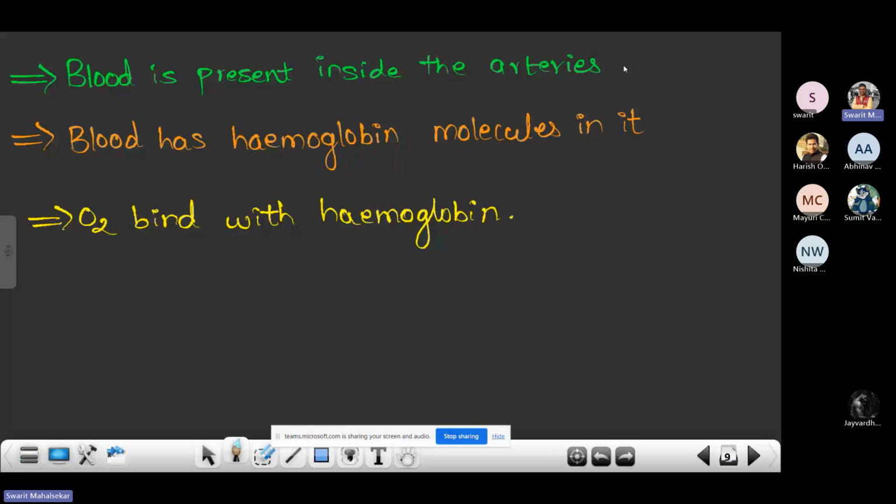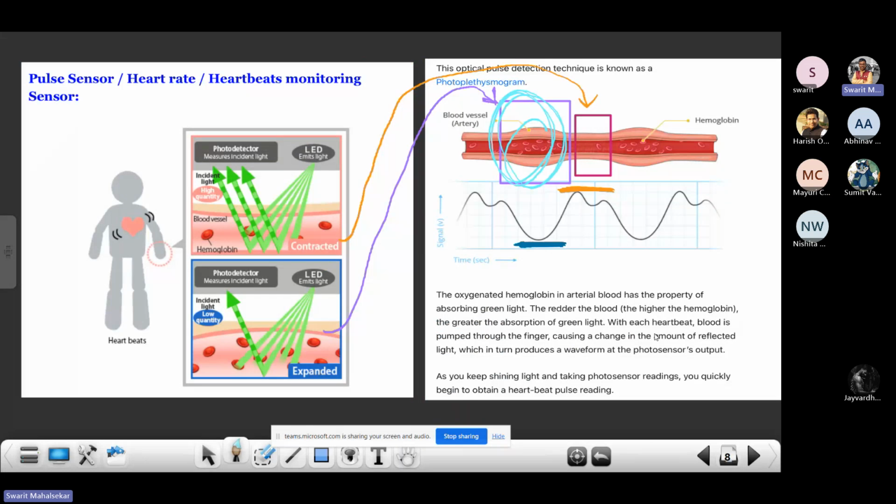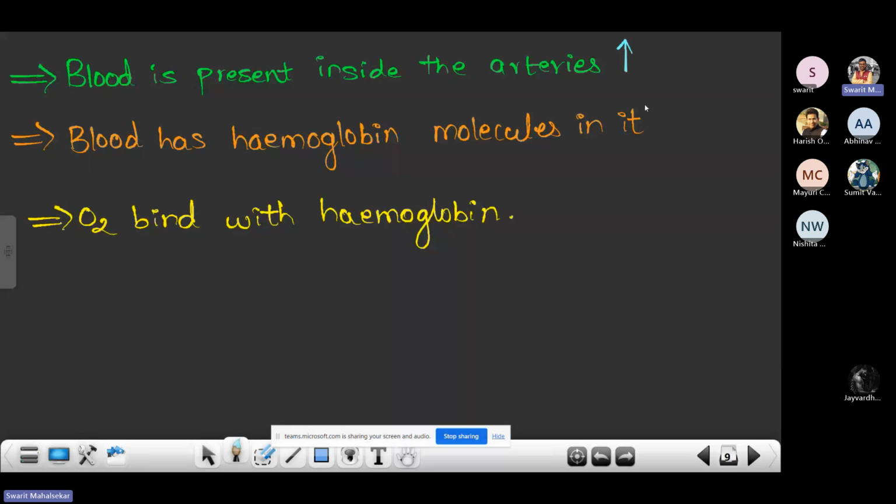The blood present inside the arteries, that means this particular area, is going to increase. Thus, the amount of hemoglobin molecules present in that area is going to increase.